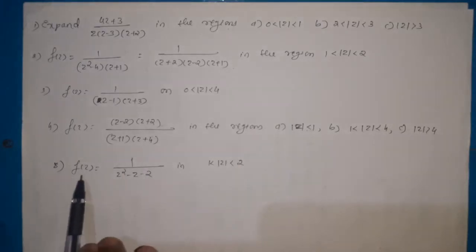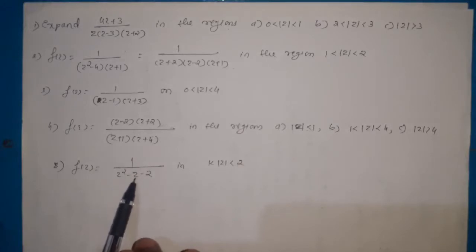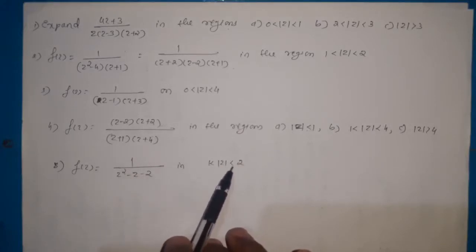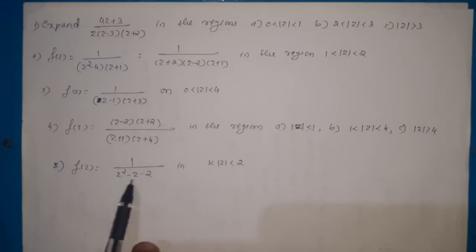And the last one is 1 divided by z square minus z minus 2 in the region 1 less than mod z less than 2. So factorize the denominator, then apply the partial fraction and then expand that function in the given region.